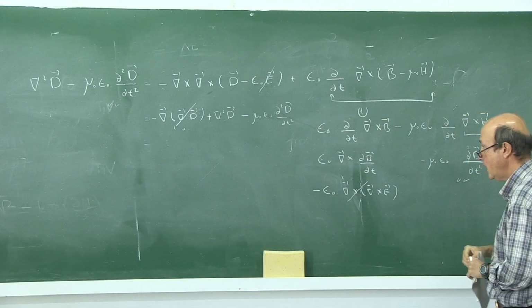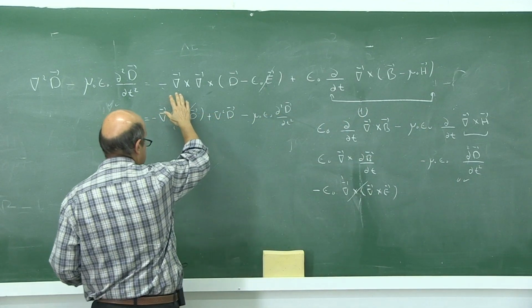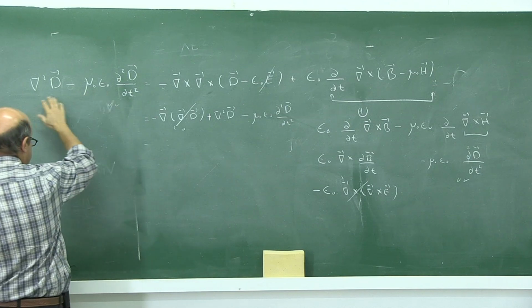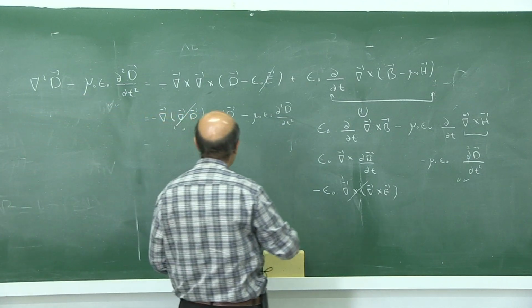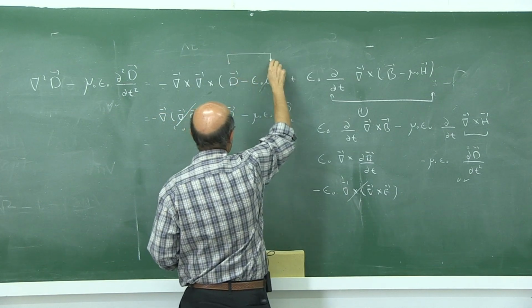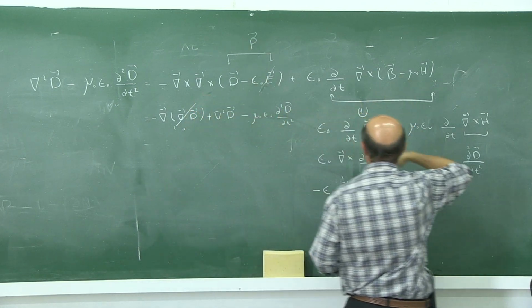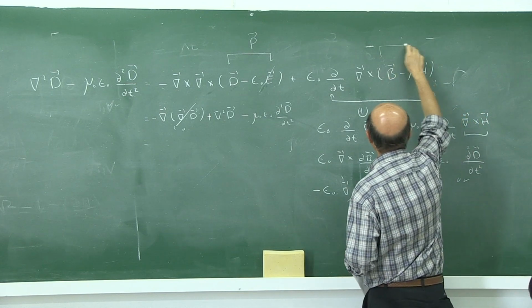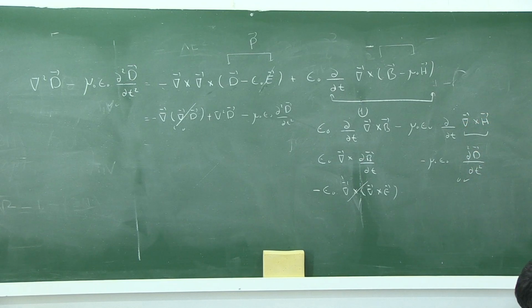But the right hand side has an important meaning because this is the source term of the wave equation, or non-homogeneous part of the wave equation. This term is related with the polarization, and if you play with that term with the units, that is related with magnetization, not exactly magnetization, but related with it.